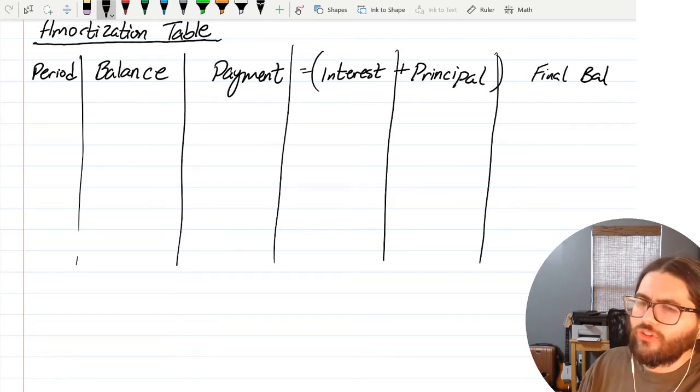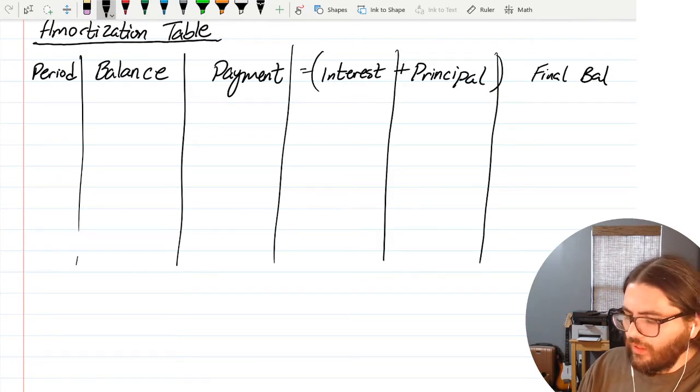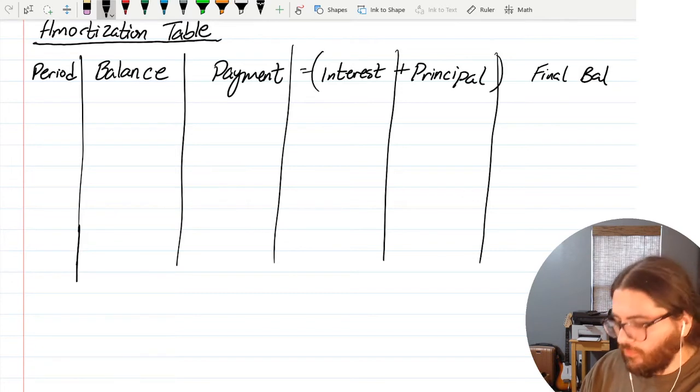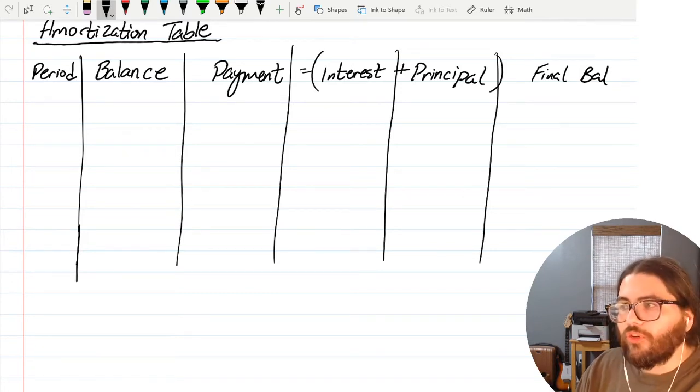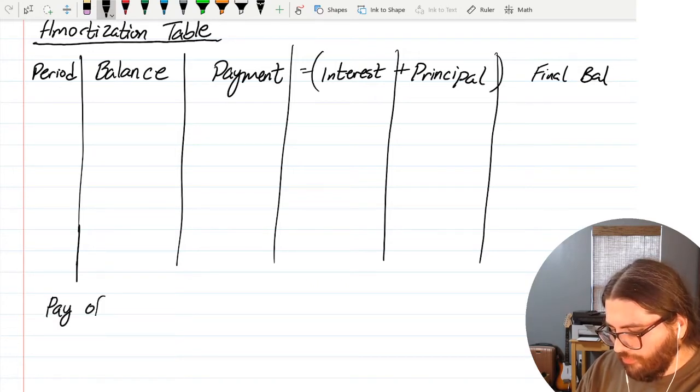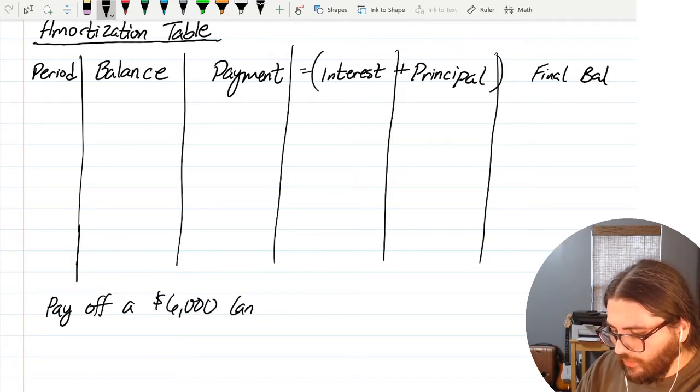Either way, this is just a tool to help us keep track of our loan or our investment over time. Okay. So let's make our first amortization table. Let's pay off a, let's say, $6,000 loan in 3 installments.